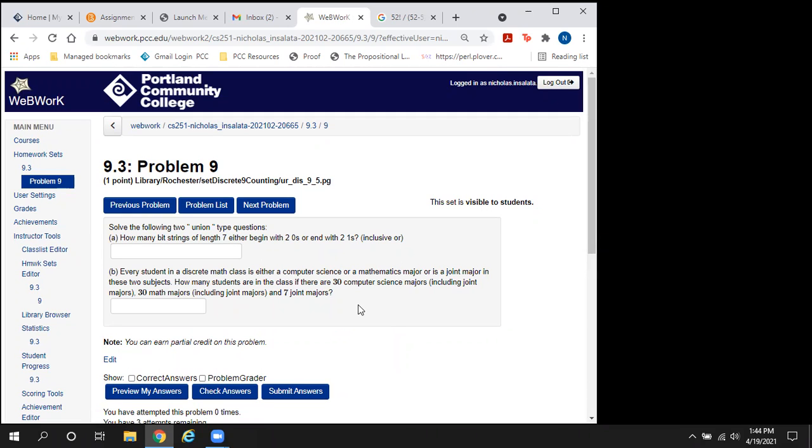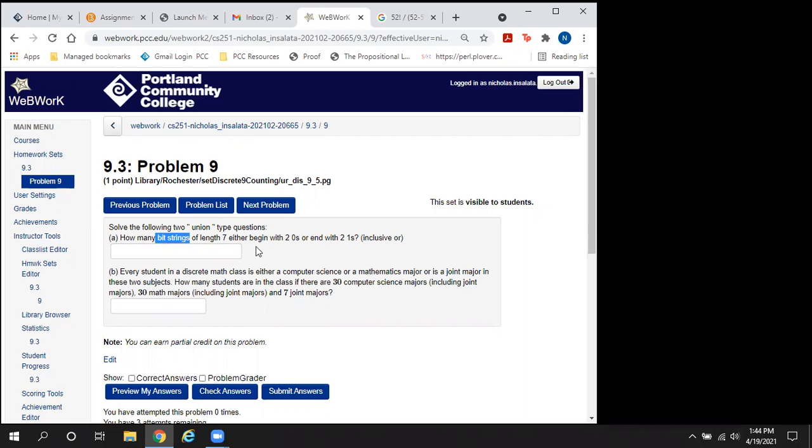Union type questions. How many bit strings of length 7 either begin with 2 zeros or end with 2 ones? Let's do the first part first. How many bit strings of length 7 begin with 2 zeros? What do you guys think? Bit strings just mean sequences of zeros and ones.